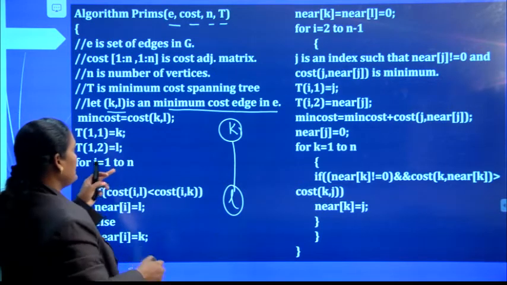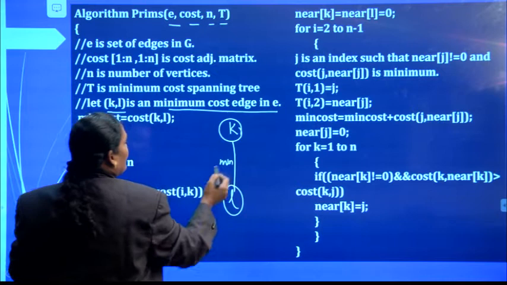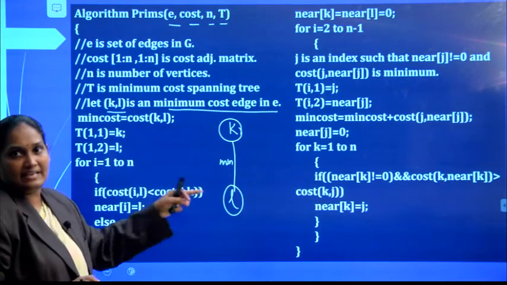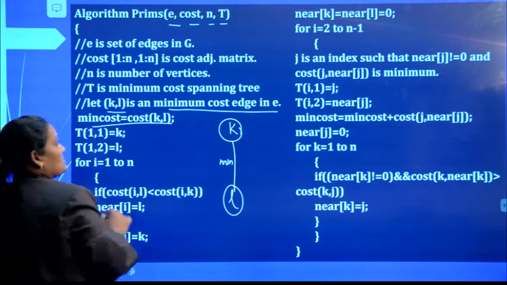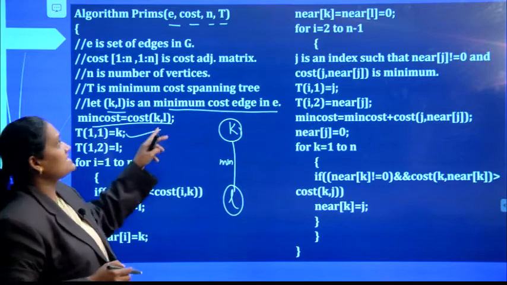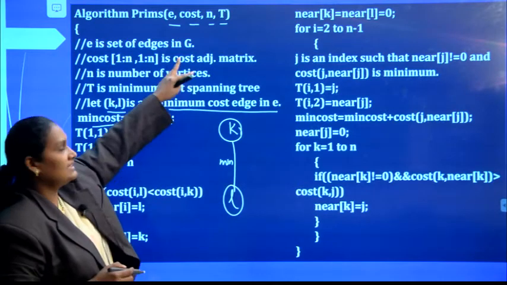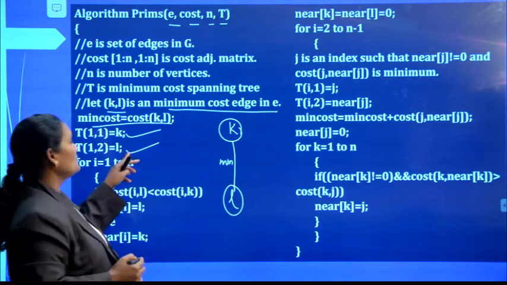The second vertex incident with the minimum cost is L. So that's why we selected the edge K comma L. The minimum cost is cost of K comma L, and T of 1, 1, that is the first vertex included in the spanning tree. T is the spanning tree. T of 1, 1 is K and T of 1, 2 is L.